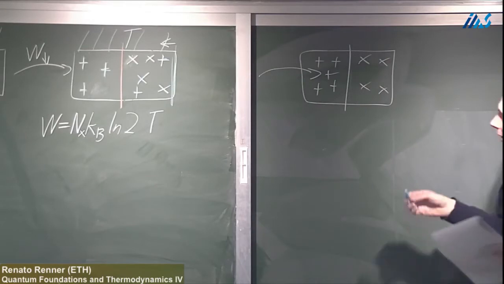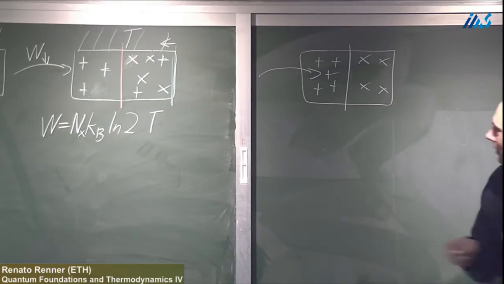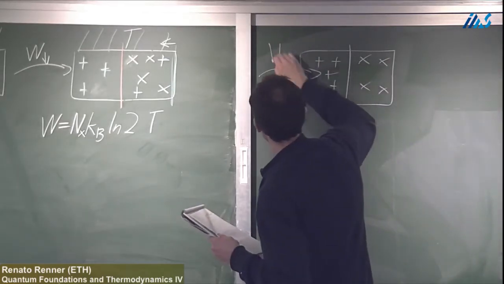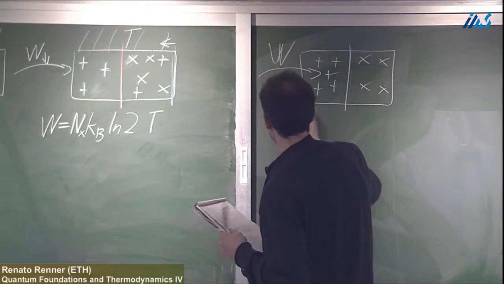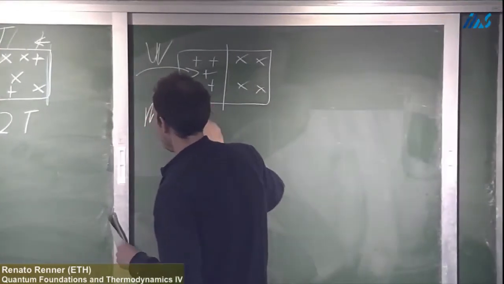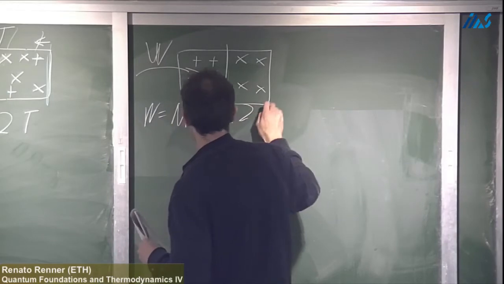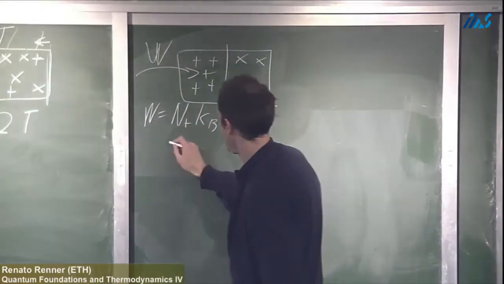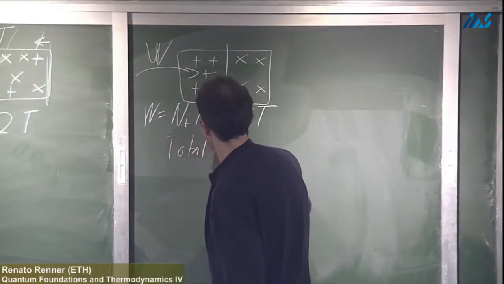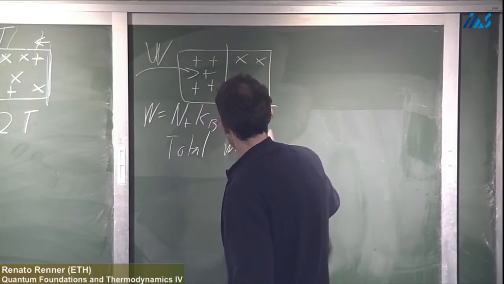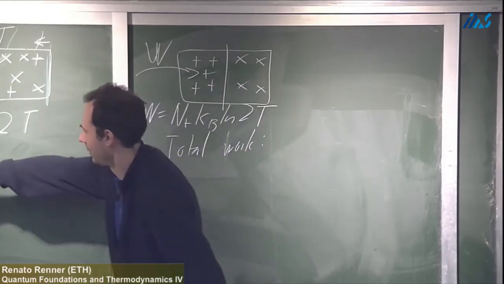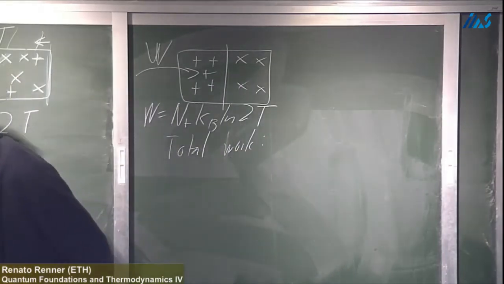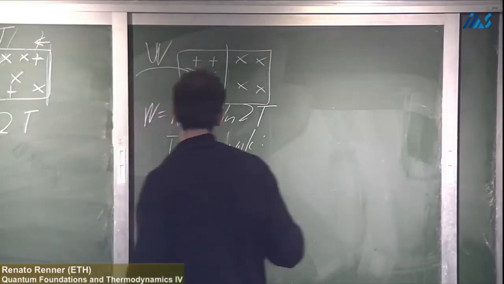And of course, this calculation is the same. So again, I have to introduce some work, and the work will be n_plus times k_B ln 2 times T. So the total work that I put into the system is, of course, the sum of these two. And the sum is, here n_times plus n_plus gives n.